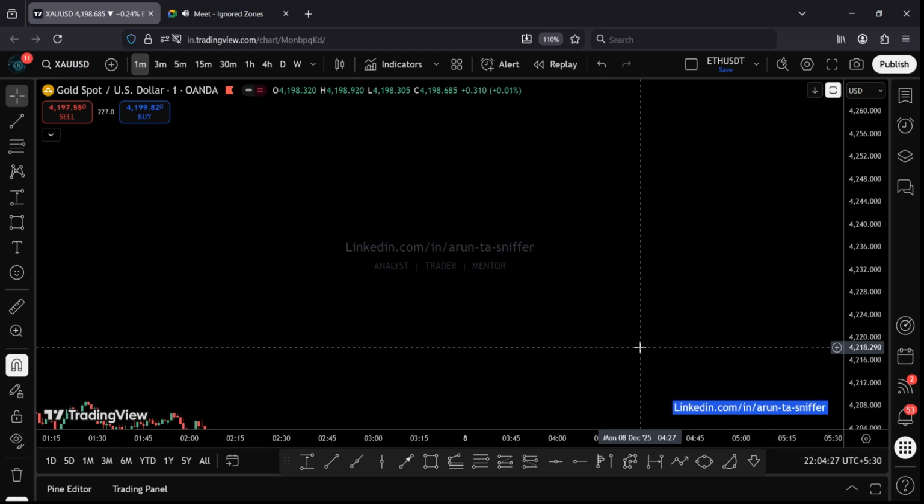You remember we had three conditions for taking touch trades. But in case of free order flow, we never take a touch trade. We always use PA to take the trade. We wait for the PA to build and then we take the trade from the free order flow zone. Okay?